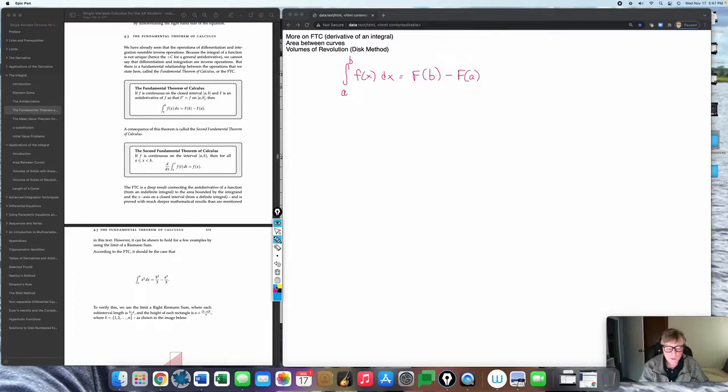Well, there's a consequence of this that is called the second fundamental theorem of calculus, and some books get these backwards. Some call the first the second and the second the first. I've never really known why, but if you take the derivative of an integral, it's a little bit tricky how it has to be written.